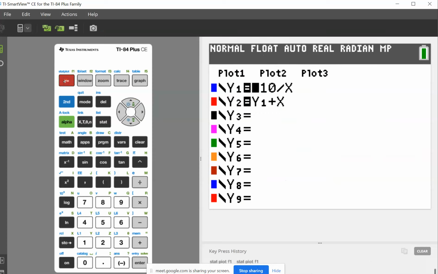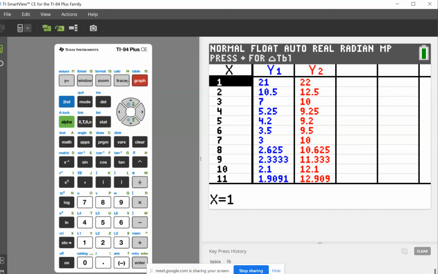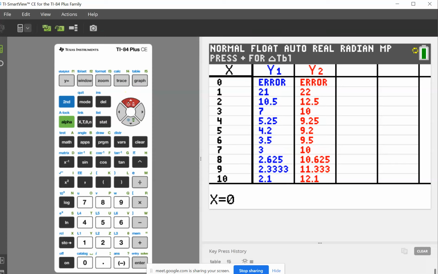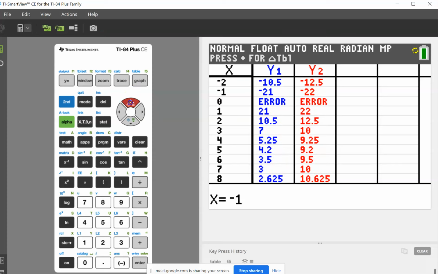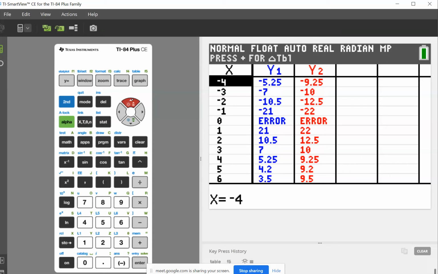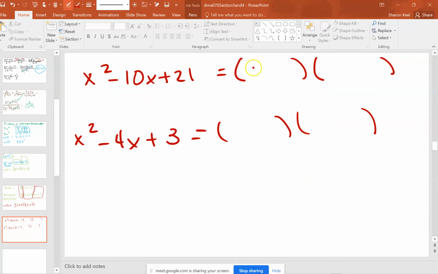We're going to do clear 21 divided by x. Second table, our middle number was a negative 10. Okay, so I need to go in the other direction and find the negative 10. Okay, and that gives me a negative 7 and a negative 3. So an x minus 3 and an x minus 7.